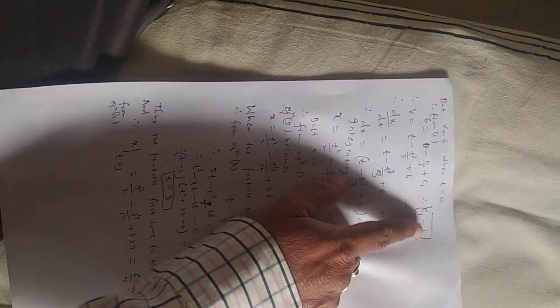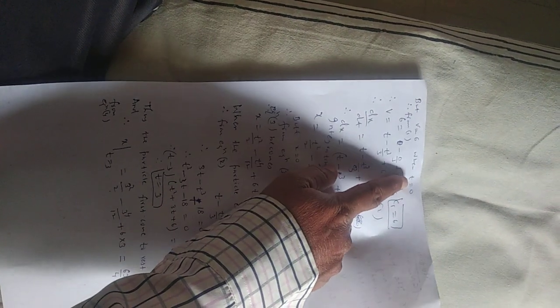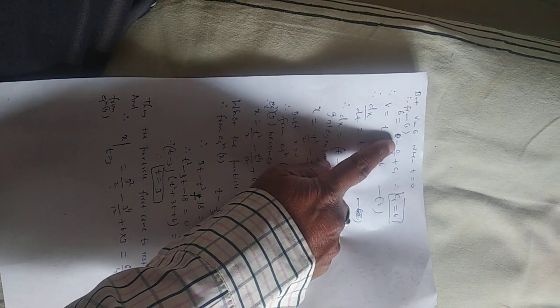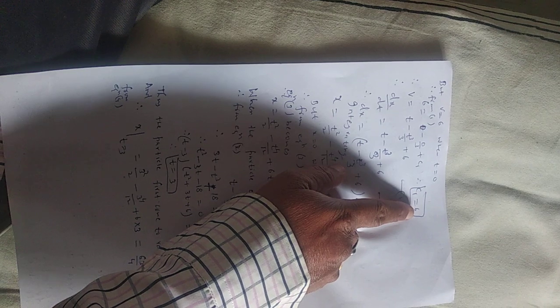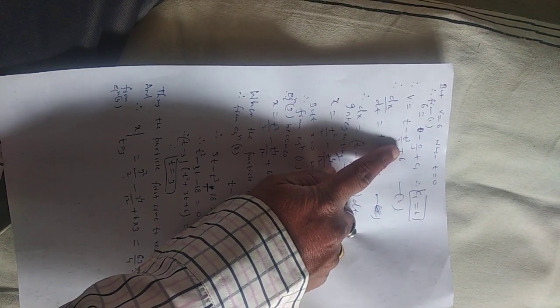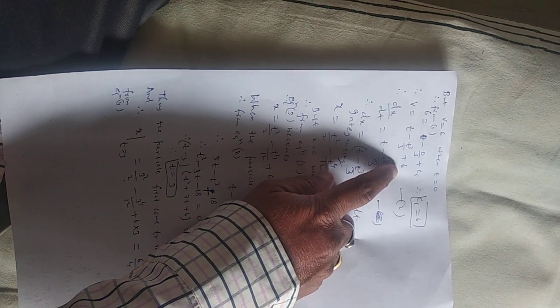But given that v is equal to 6 when t is equal to 0, the starting velocity is 6. Starting velocity means when t equals 0, and therefore from equation 1 we get the value of c1 as 6. So v is equal to t minus t cube by 3 plus 6.